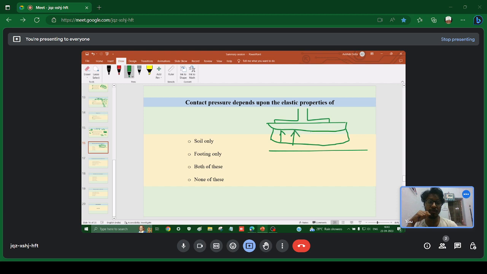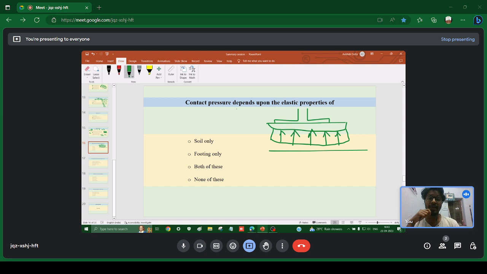So contact pressure is also dependent on the type of footing and type of soil, because whether it is a rigid footing or a flexible footing, whether it is a sandy soil, that is a granular soil, or a cohesive soil, the intensity of contact pressure, the uniformity of contact pressure, and the settlement will vary.